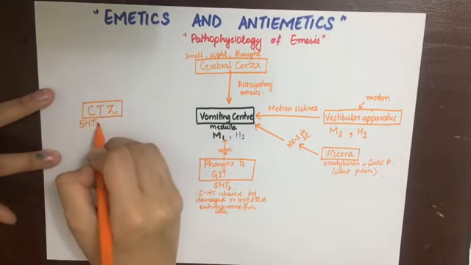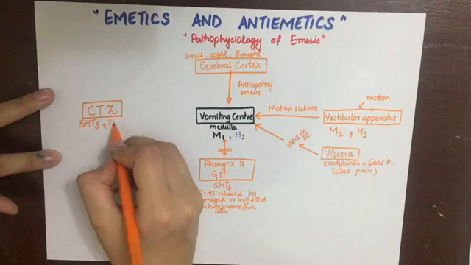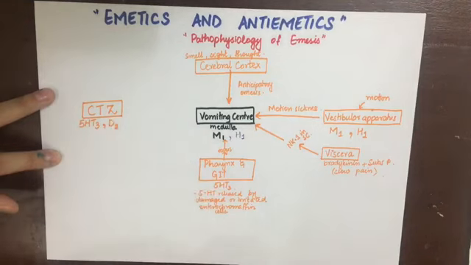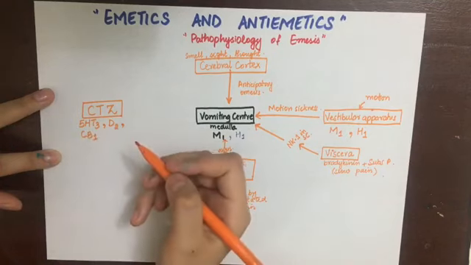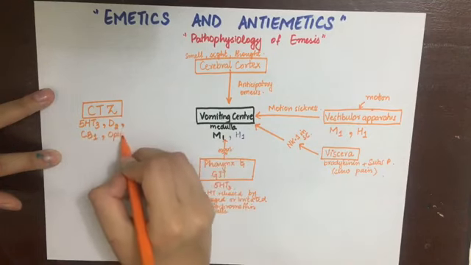Now, the chemoreceptor trigger zone is an area of the medulla at the floor of the fourth ventricle which receives input from blood-borne drugs or hormones and communicates with other structures in the vomiting center to initiate vomiting.